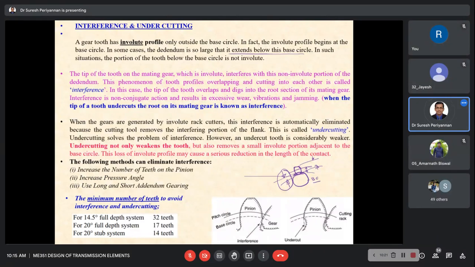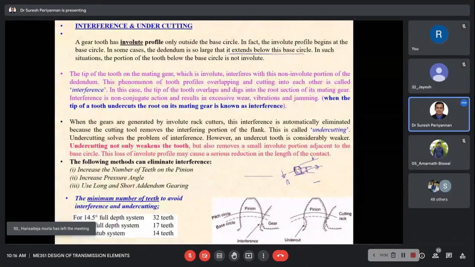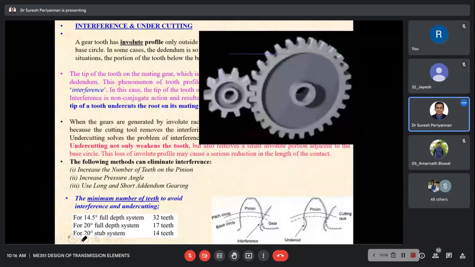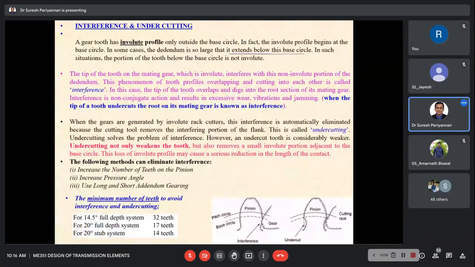See here, this is whatever we discussed. That involute is sitting below the base circle. First I complete this. Now, this is the base circle of the gear, the base circle of the pinion, sorry.